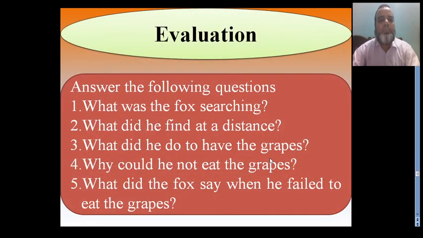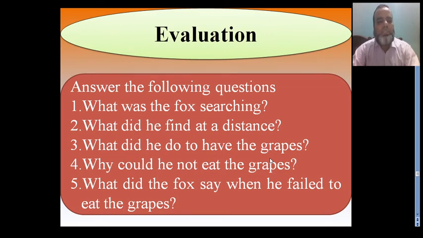Then please take your notebook and a pencil or pen and write down the answers to the following questions. You have to write the answers to five questions.